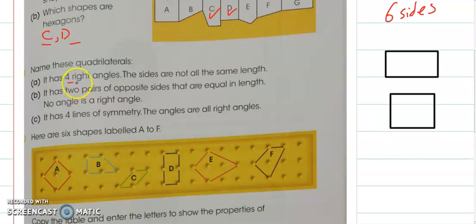So the possibility of the square is not there, because the question is saying the sides are not all the same length. So the other shape that has 4 right angles is a rectangle, and in this one all 4 sides are not equal but opposite sides are equal. So I would say that the shape is a rectangle.